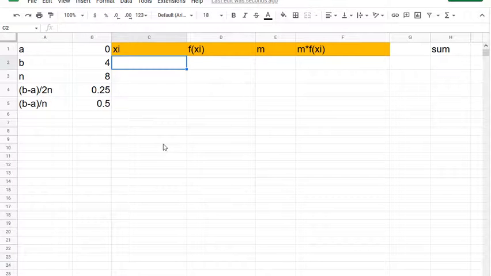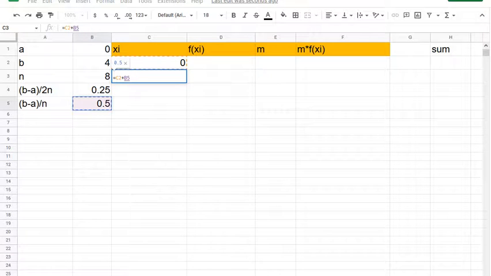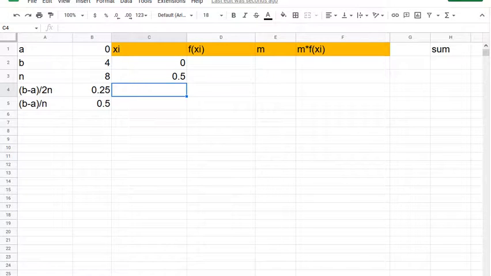And so x of 0 is 0. And then this one, we need it to be x of 0 plus delta x. Delta x is this B5 right here. And then we're going to copy, Control C on the keyboard, and then paste.